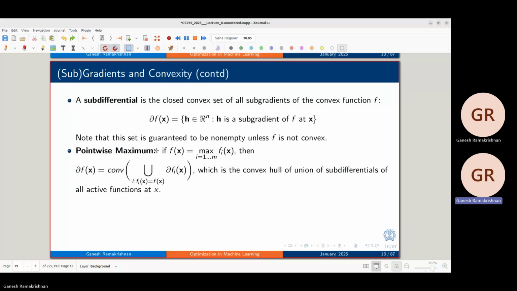Okay. So you remember I talked about this particular space, right? So what is this? This is nothing but the convex hull of the union of all those subdifferentials. Okay, this particular space that I pointed to, this space. Okay, this is the convex hull. So I have defined this to be a.